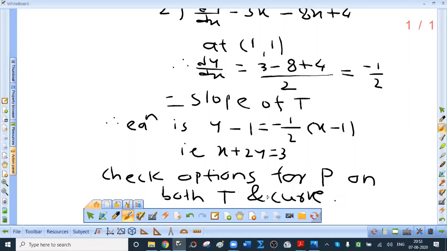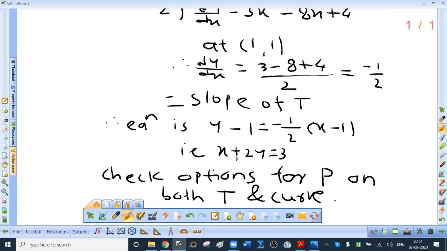Let me explain. Now we know that the point has to lie on this x plus 2y equal to 3, and the curve also.